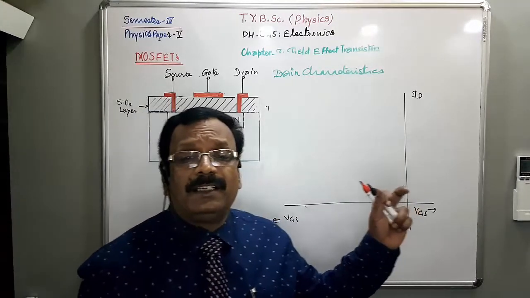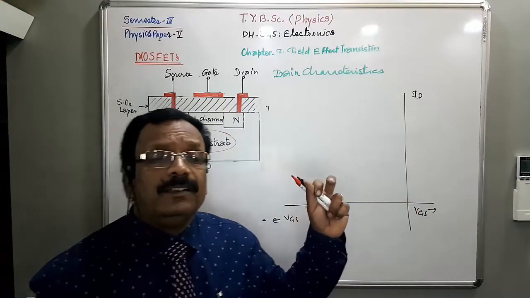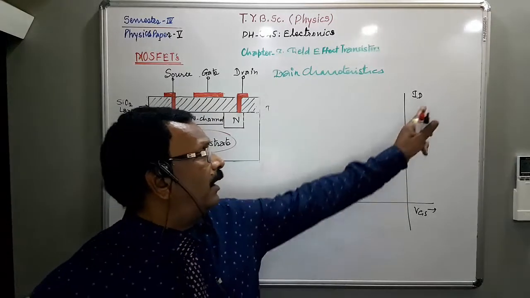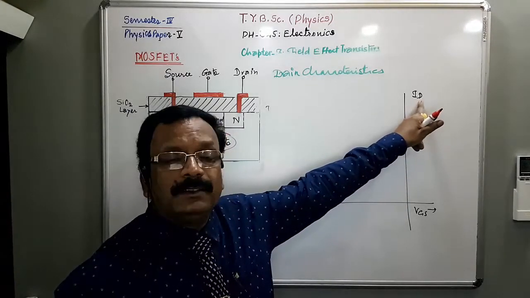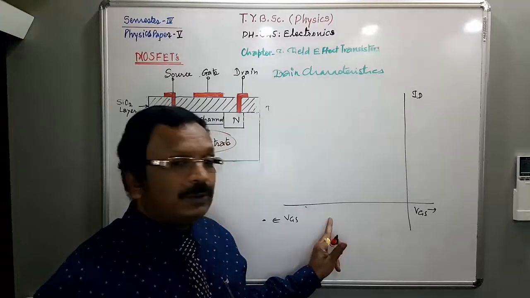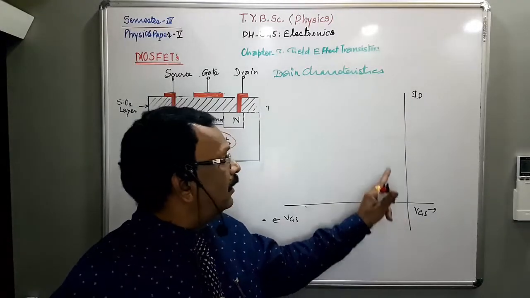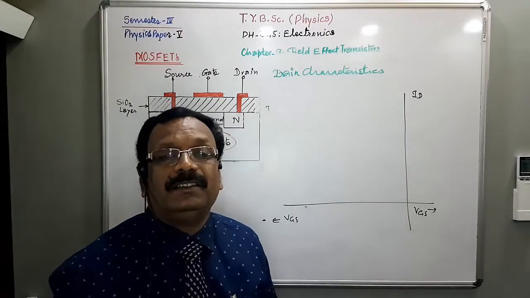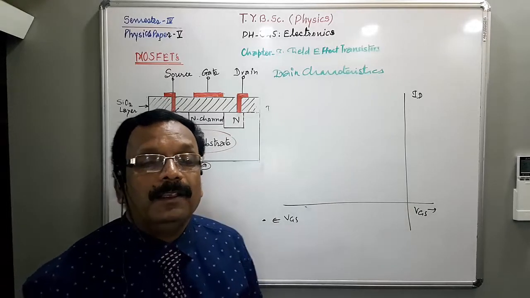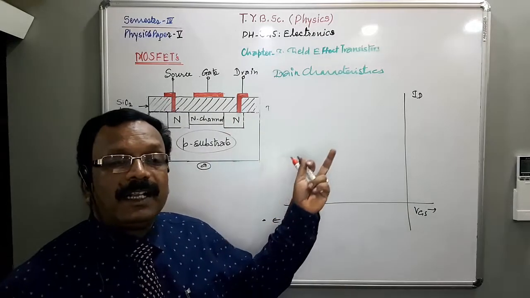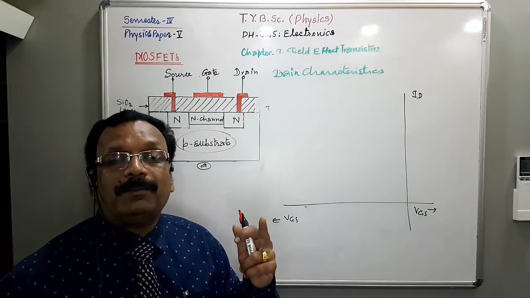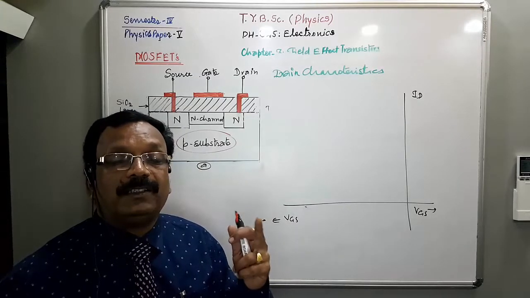Now transfer characteristics give the relation between drain current and gate to source voltage at constant VDS.